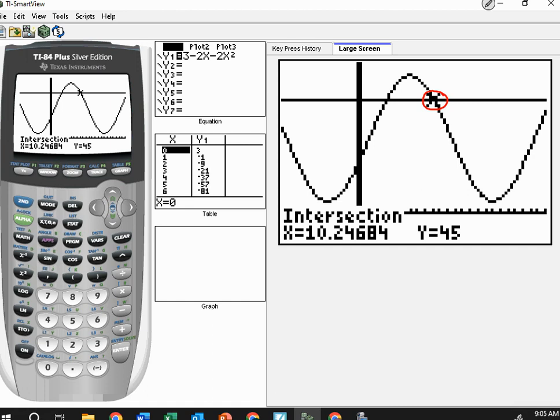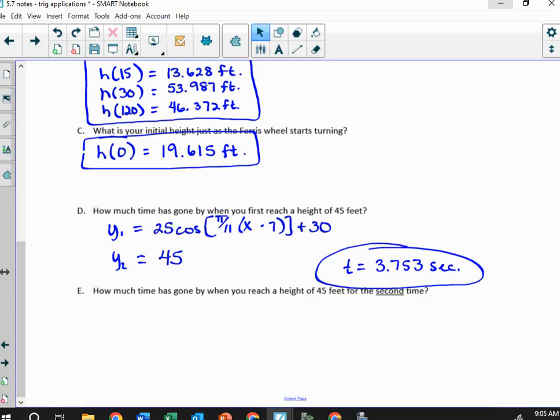All right, so we got 10.247, it looks like.